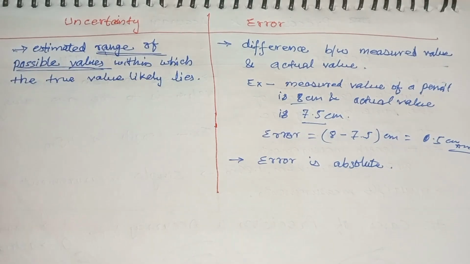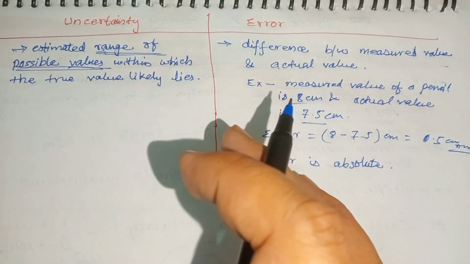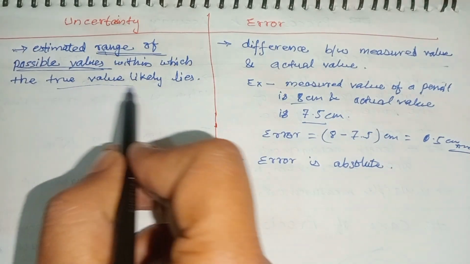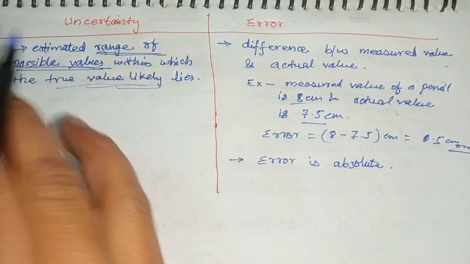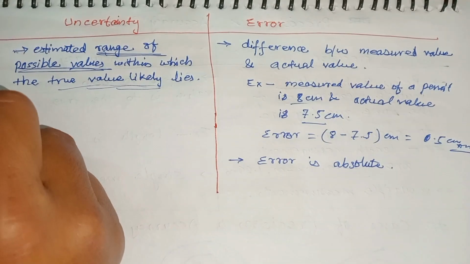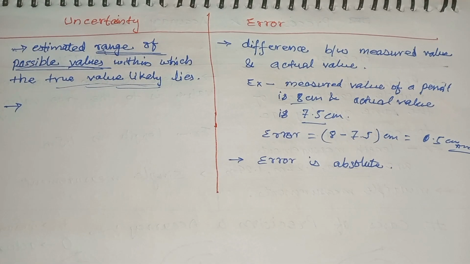This is not a single value. Uncertainty is a range of possible values within which the true value will also lie. And it is typically expressed as a plus minus value around the measured value.